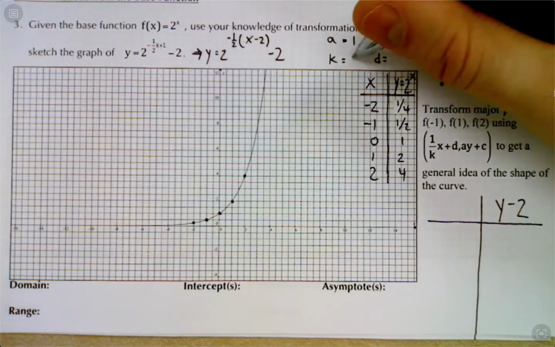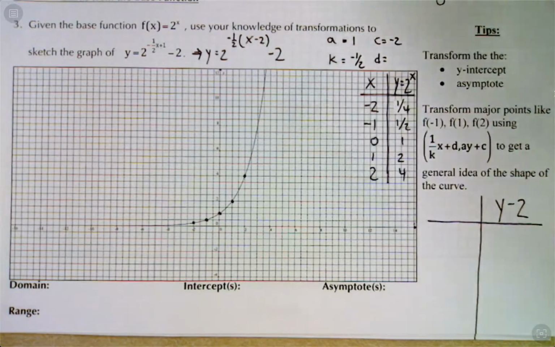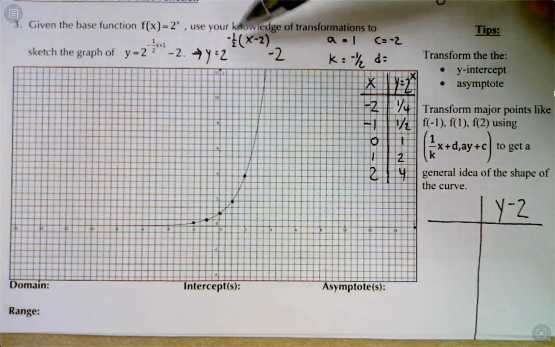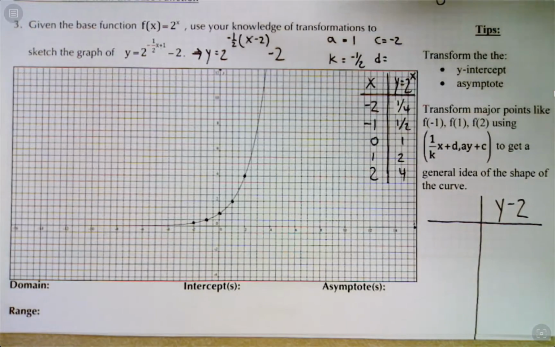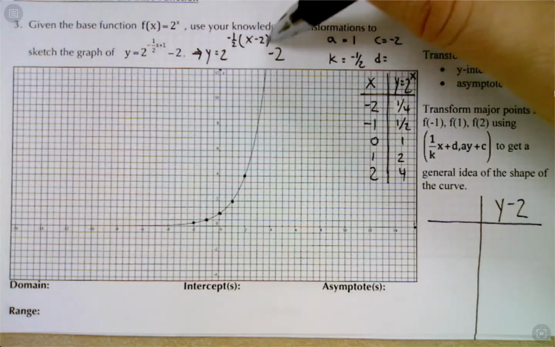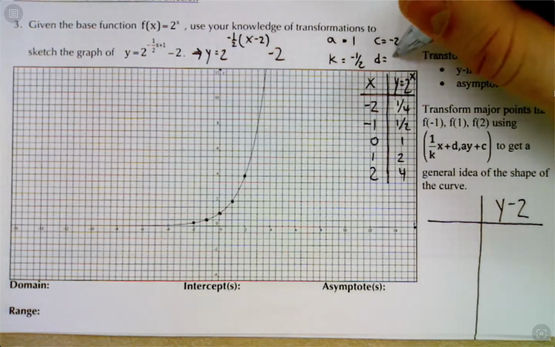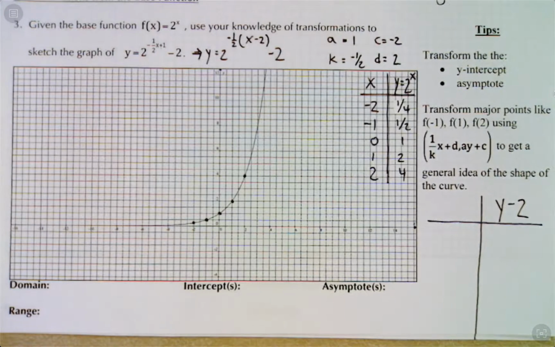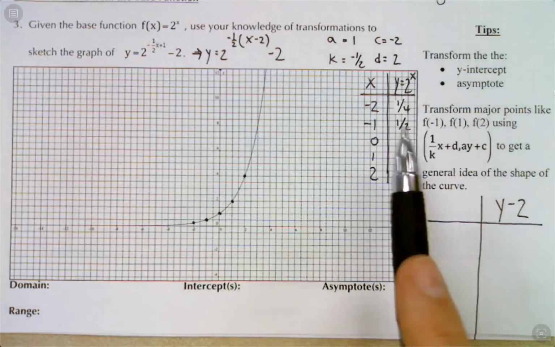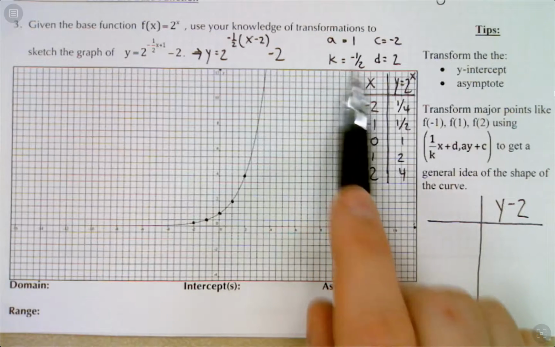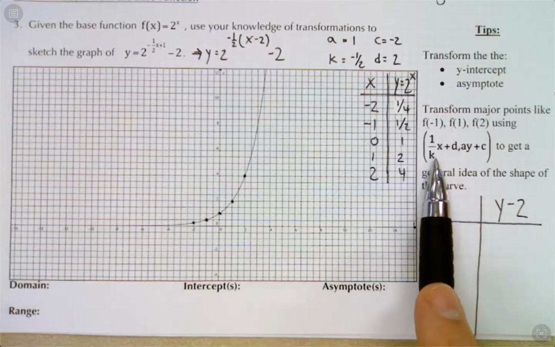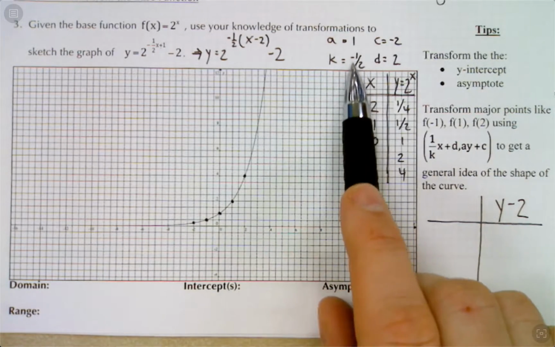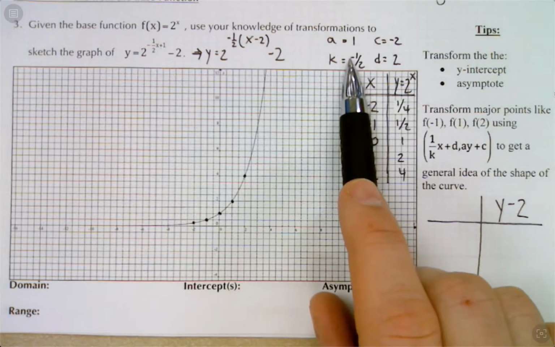K is -1/2. And we saw in example 2 how we could use that k value and change the base. We're not going to do that though. And then D would be 2. So we need to take our k and do 1 over k, which would flip k. So instead of -1/2, we would get -2.